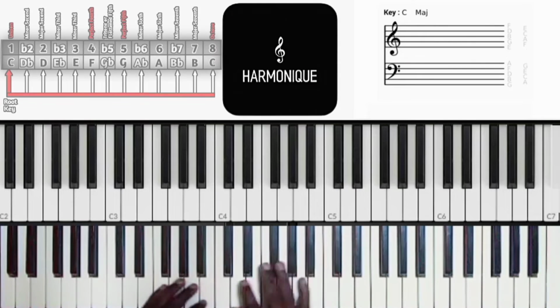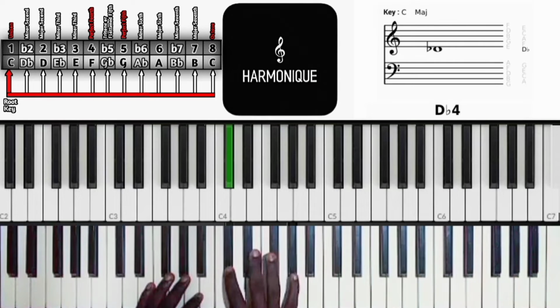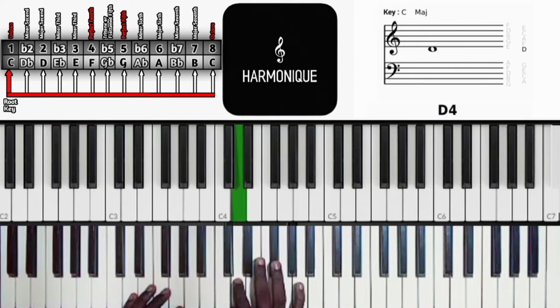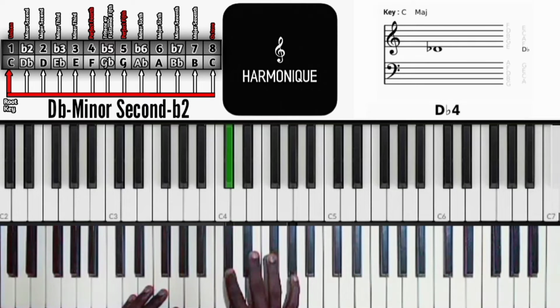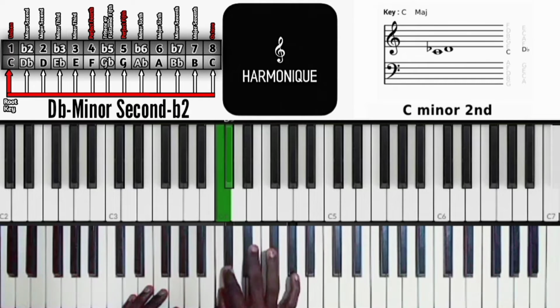So starting from the first black key, which is D flat, since this key is simply a flattened D, which is the second degree of the C diatonic scale, we will then say that while D is at an interval of a major second from C, D flat is at an interval of a minor second from C, and it is numerically represented as flat 2.